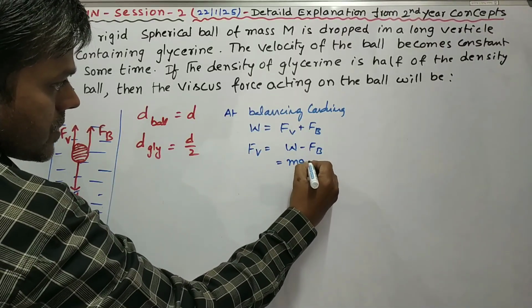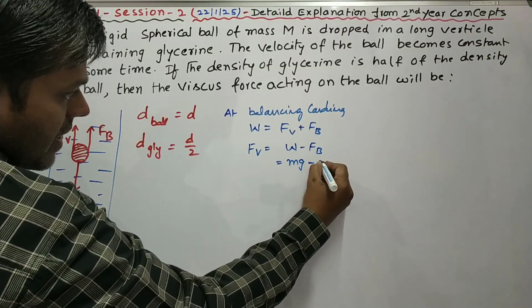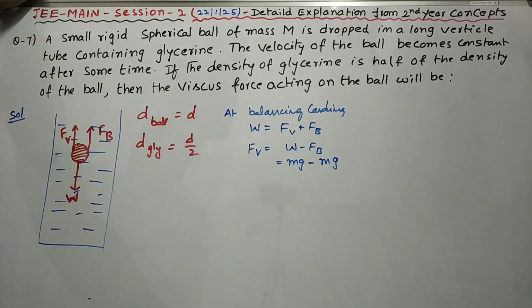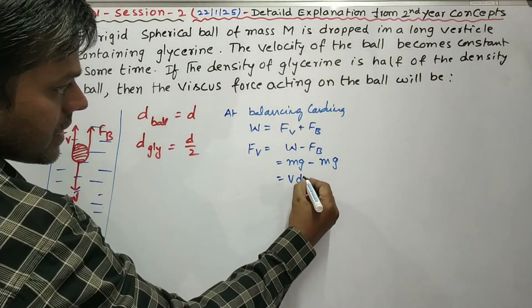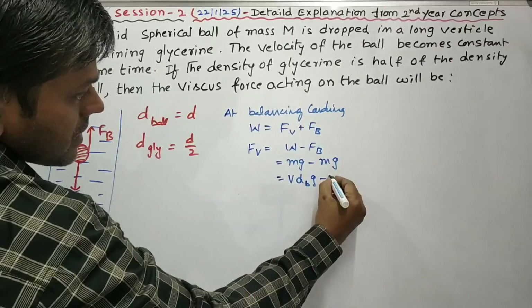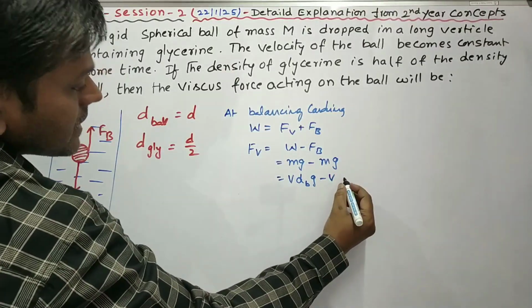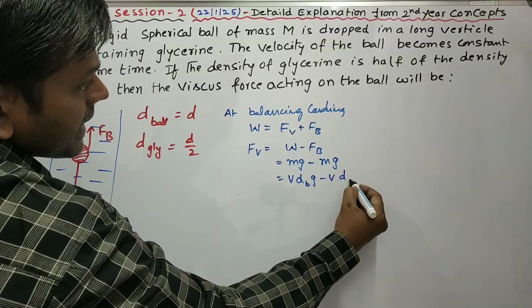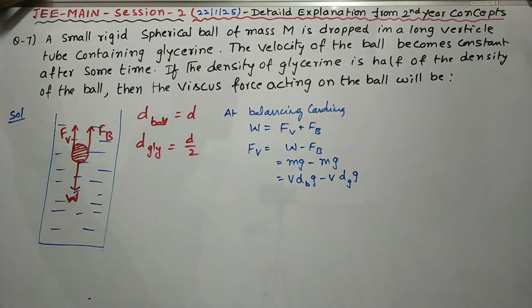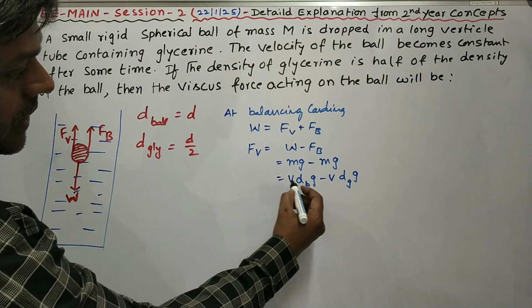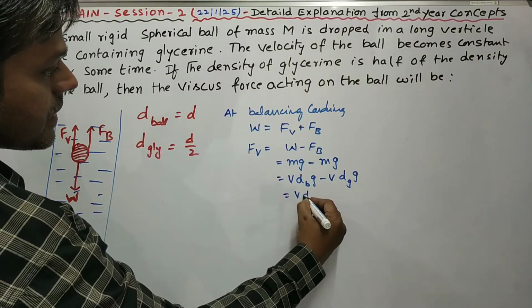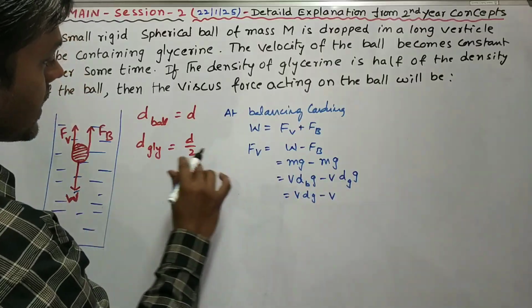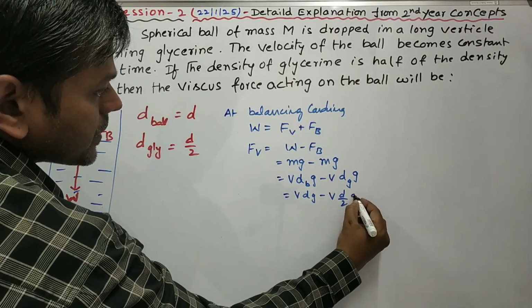Weight is equal to M into G, and the force of buoyancy is also mass of displaced glycerin into G. Here mass is equal to volume into density of the ball into G, minus volume into density of glycerin into G. The density of the ball is D, so V into D into G, minus V into density of glycerin, which is D by 2, into G.